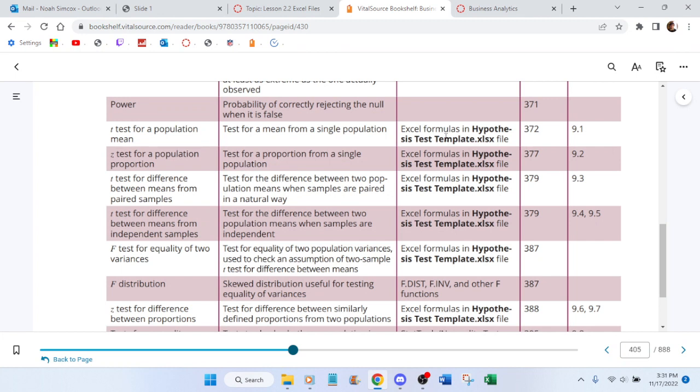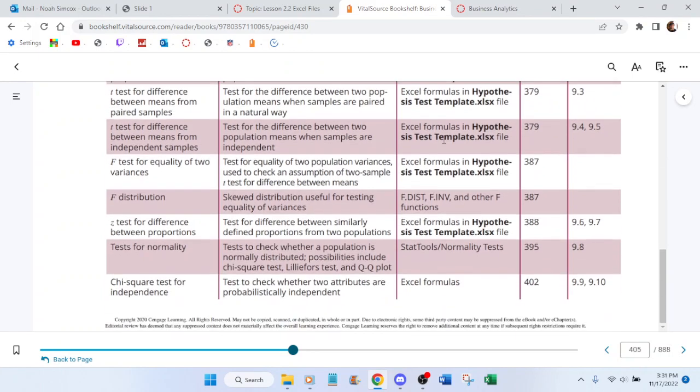T-test for difference between means from independent samples. F-test for equality of two variances. F distribution is a skewed distribution useful for testing equality of variances. Z-test for difference between proportions.